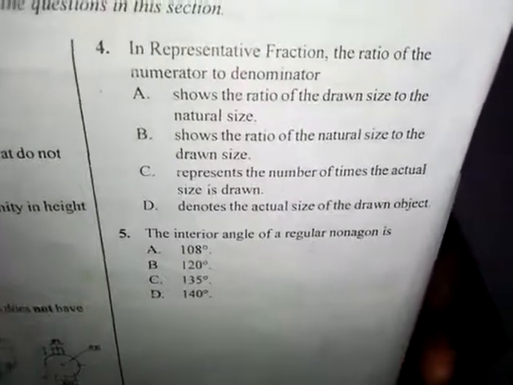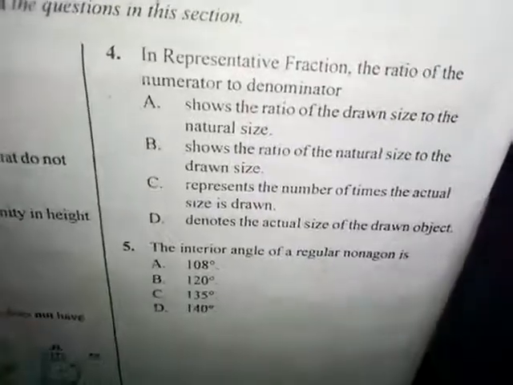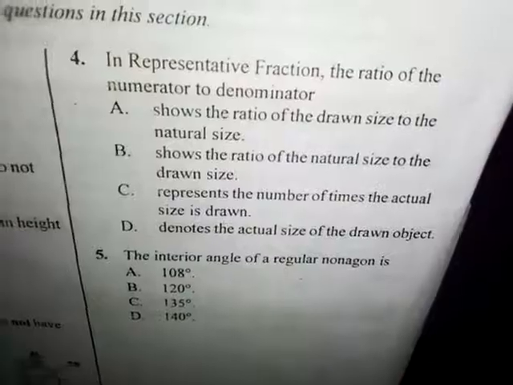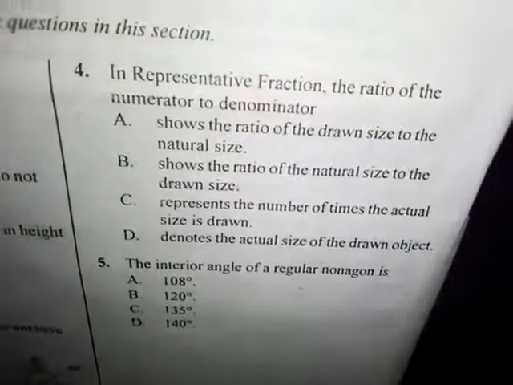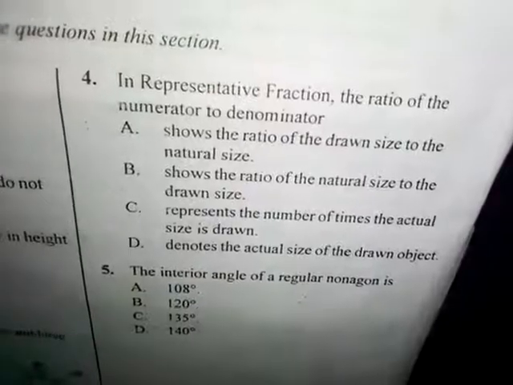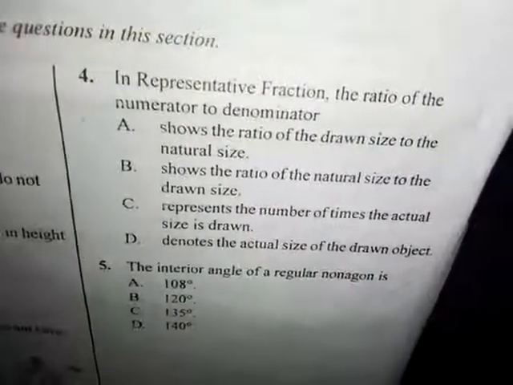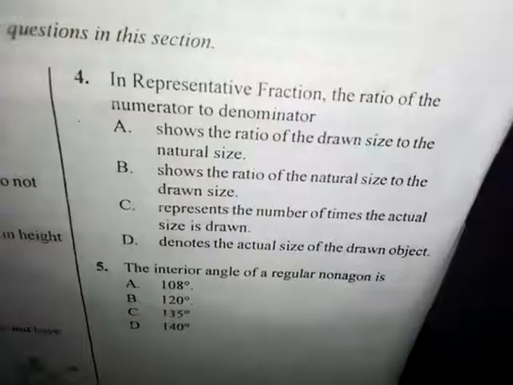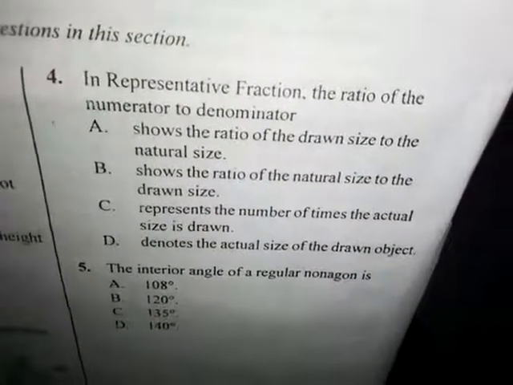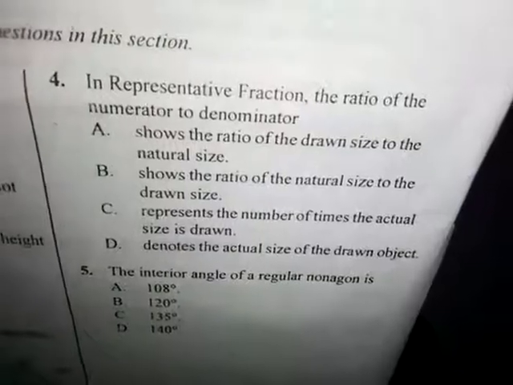Say you have an object whose natural length is 200 meters, and you know that your paper cannot contain 200 meters. So you have to choose a scale.